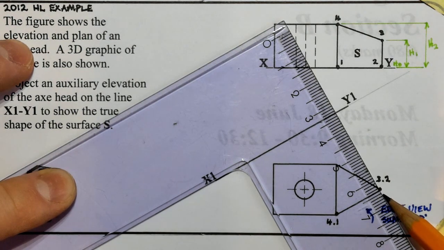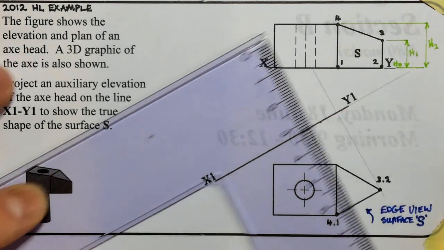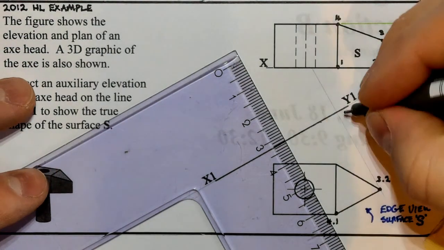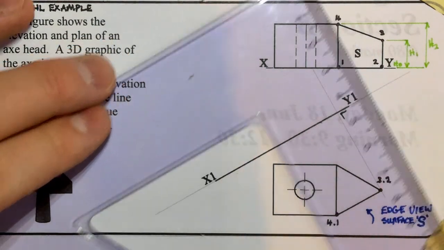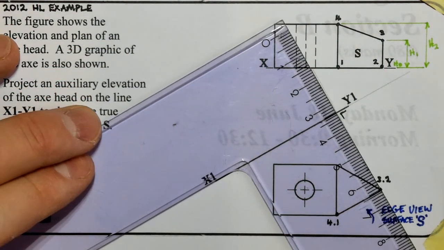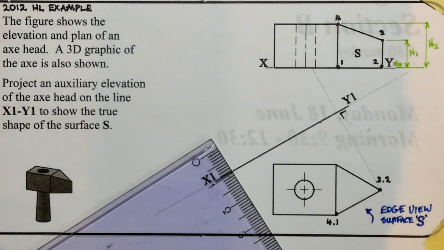Could be any point on the object, and I'm just going to draw a line up there, like so, very lightly. That line is at 90 degrees, isn't it? Because this angle on the set square is 90 degrees, so we use the inside to line up with the XY line, and the outside we push over to line up with the point we want to bring on. Now, once we have one line, we can use our sliding set squares method from there on.